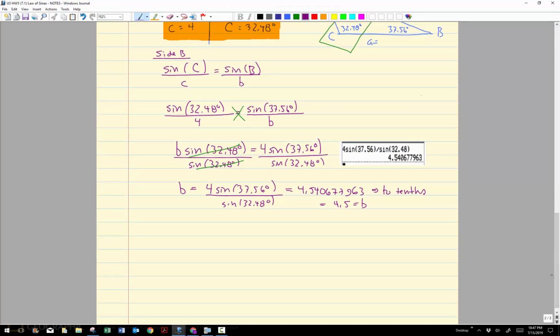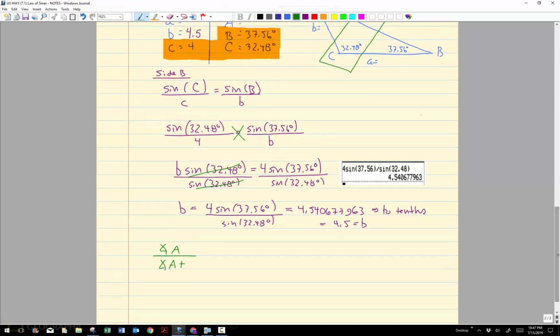And again, I could have found that first if you wanted, but it doesn't end up mattering for this problem. So angle A plus 37.56 degrees plus 32.48 degrees has to equal 180 degrees. So if I add these two together and subtract from 180, I get angle A equals, let's go ahead and pop the calculator open.